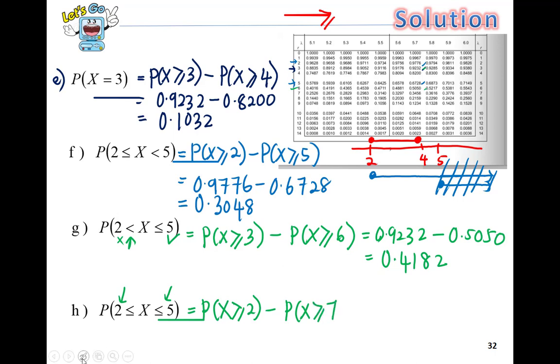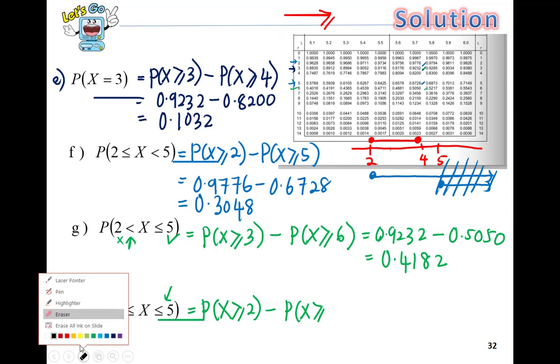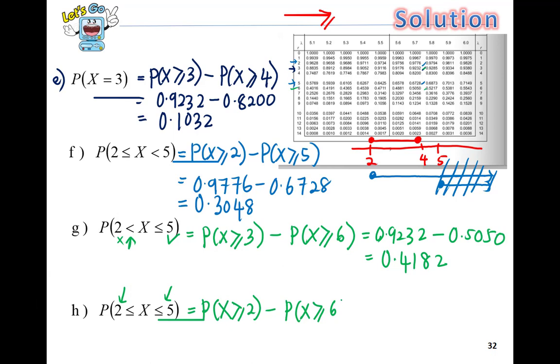Sorry, it's 6, not 7. It's 6. Okay, x greater than or equal to 2 is 0.9776 minus 0.5050. The answer will be 0.4726.